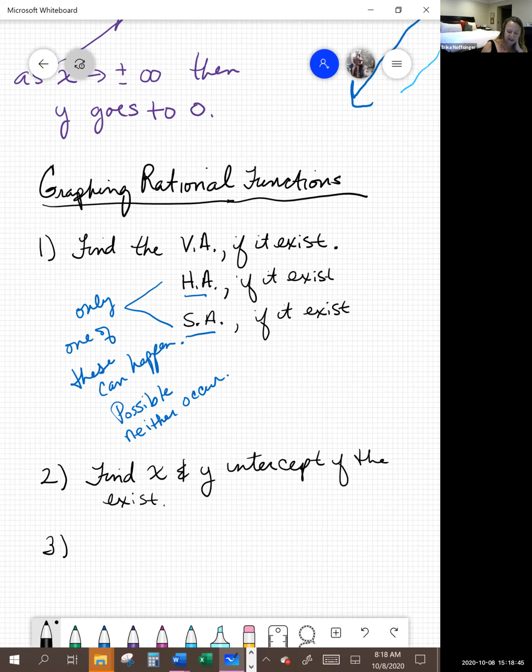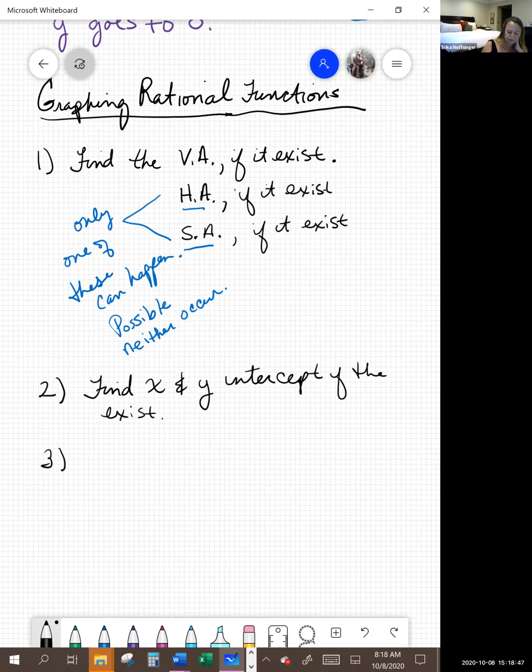Sometimes it's helpful to figure out what your domain is. And then you want to graph things.